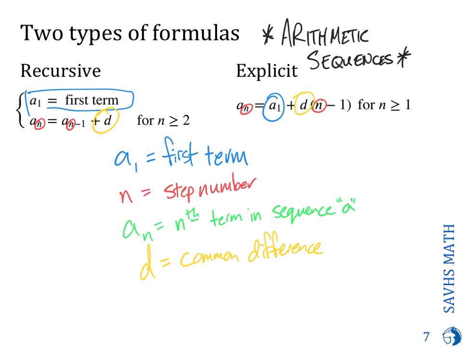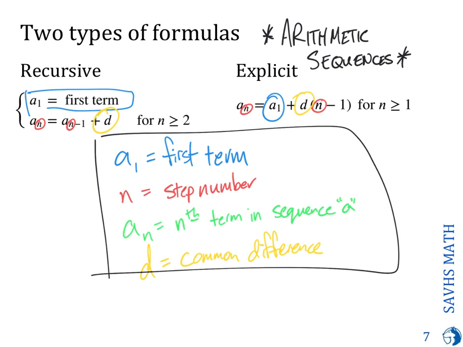The reason that I say that is because you're going to use these formulas both all day today and later in this unit. So I would make sure that I have this written down somewhere. If I were you, I would just go grab my notebook right now and write arithmetic sequences at the very top of the first page, and I would write recursive and explicit, and then I would write the 2 formulas, and then I would also write all of this important information about what these things are.